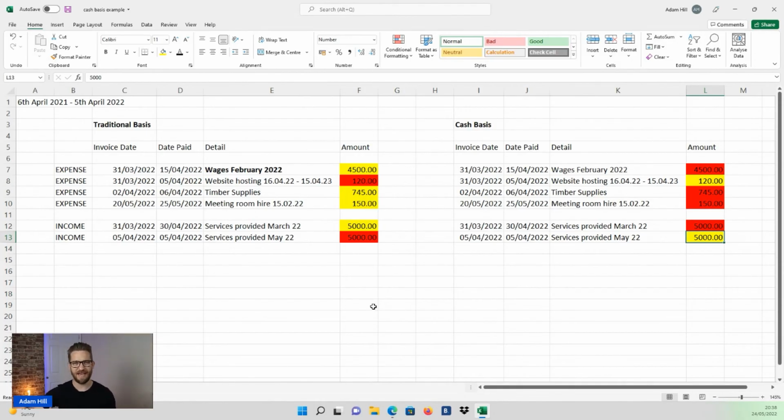You don't want to be paying tax on income that might never get paid to you. And it also means that calculating your profit figure is much easier. You don't have to go through all this difficult process of figuring out which dates apply. You're just going to go with the date that the amounts leave your bank usually, or if you're paying by check, you can either choose the date that it actually leaves your bank account or the date you actually wrote the check.